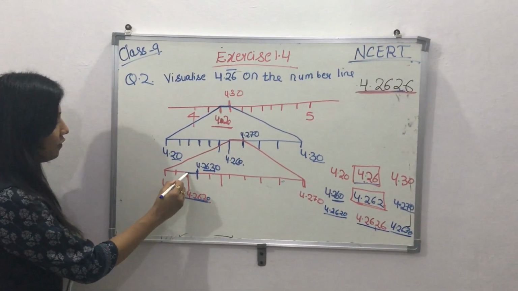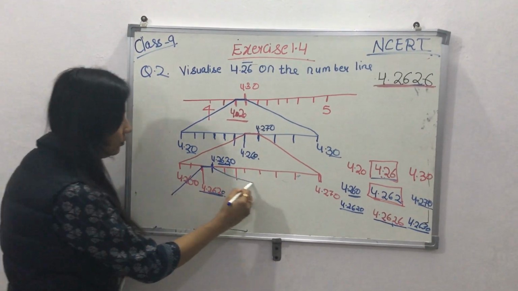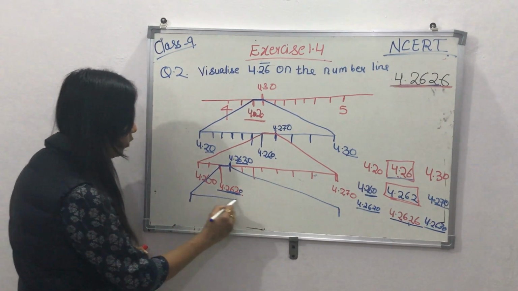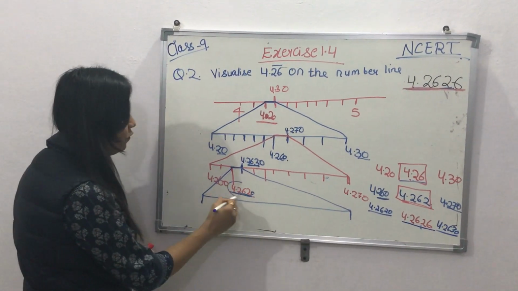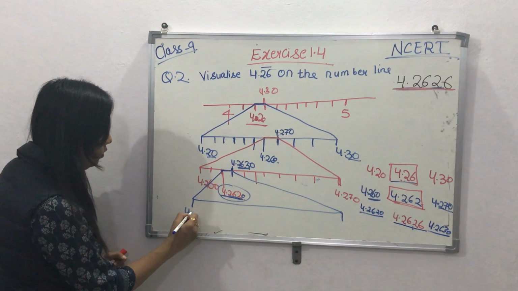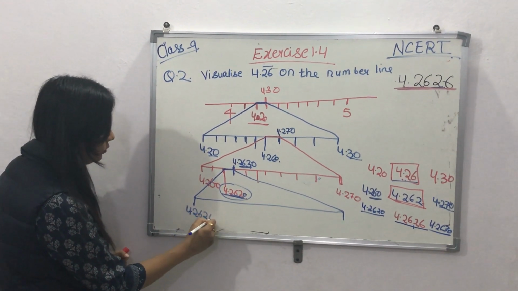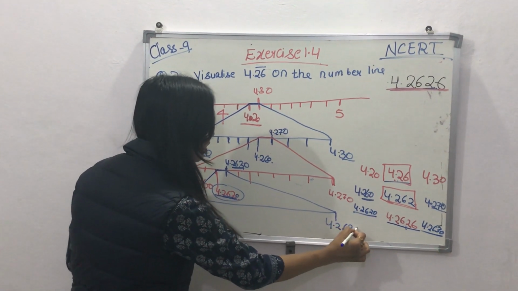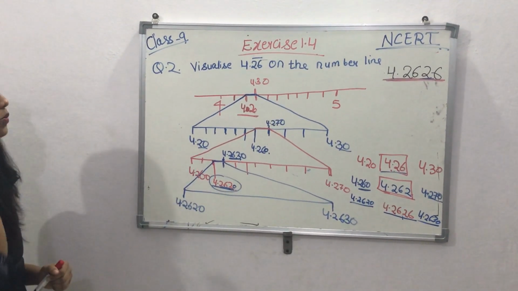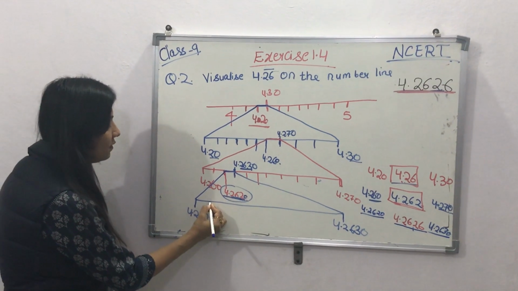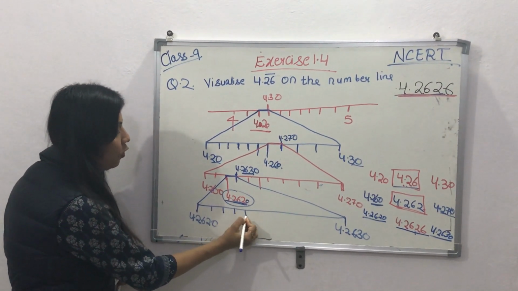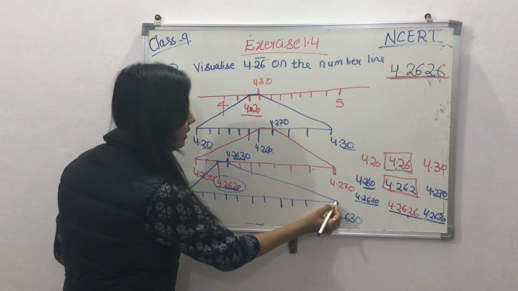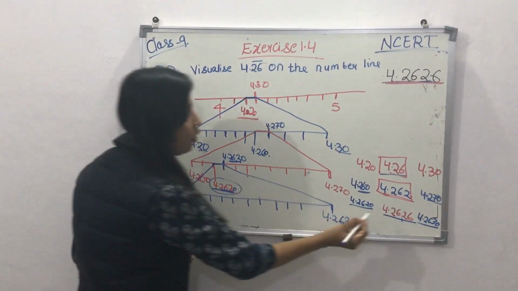So if I magnify this portion, this is 4.2620 and this is 4.2630. Now again I will divide it into 10 equal parts. 1, 2, 3, 4, 5, 6, 7, 8, 9 and 10. So my sixth division, what I want?